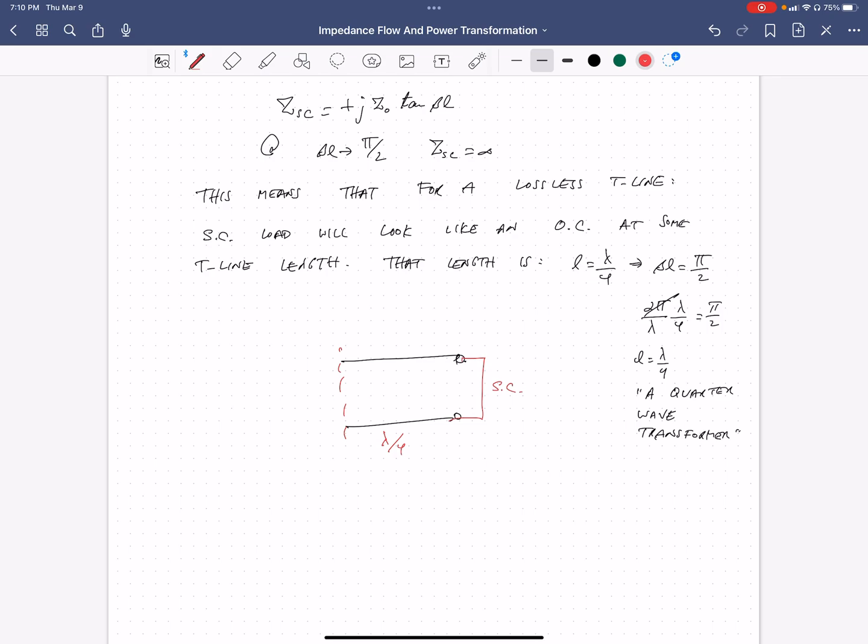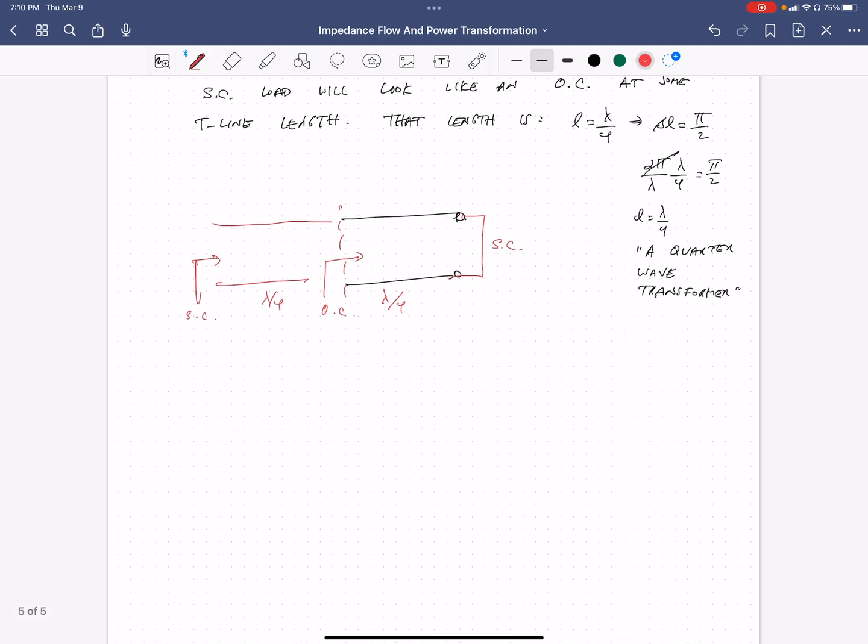Then at lambda over 4, you will look like an open circuit. As you add more length, at another lambda over 4 it'll look like a short circuit again, and so on and so forth. So the input impedance looks like a periodic function of the length.